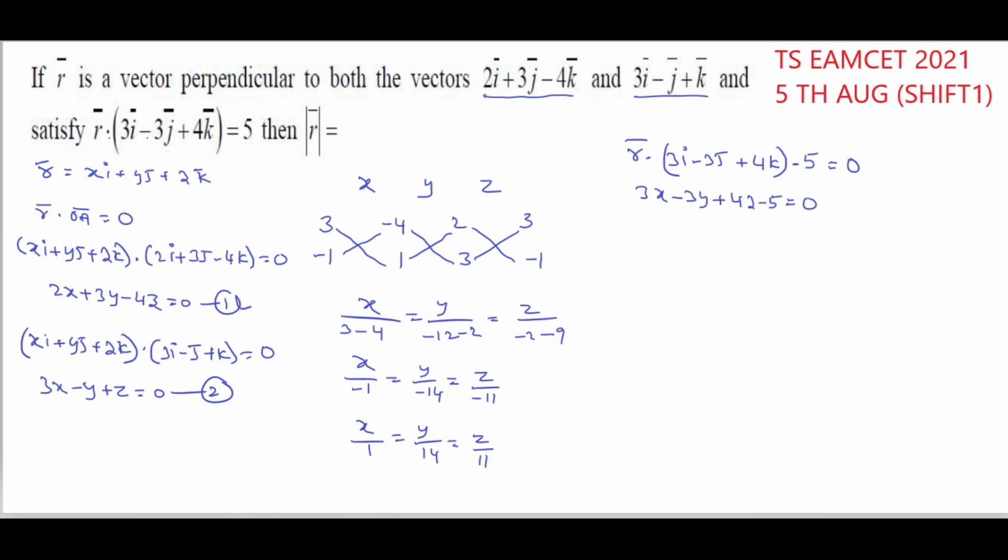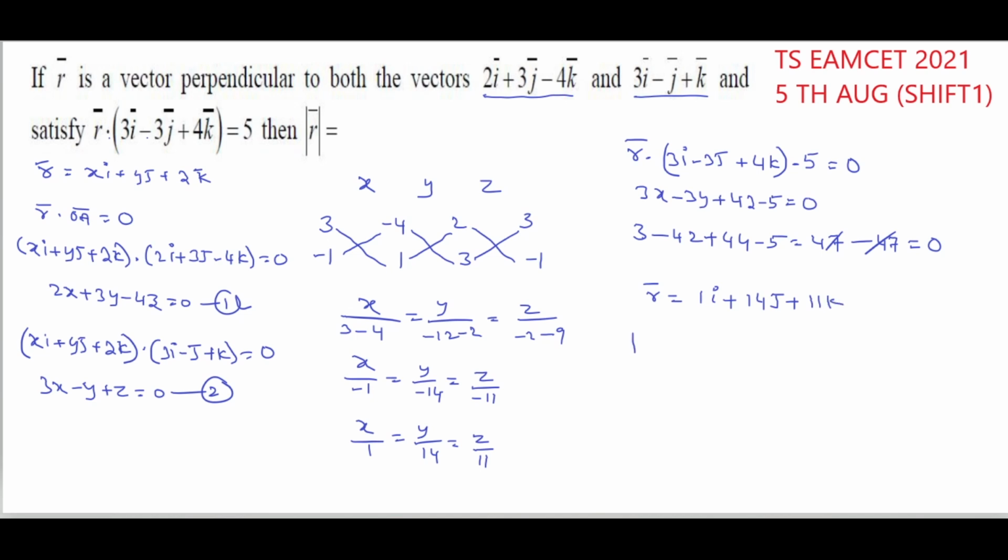Substituting x, y, z values, that is 3 into 1, 3, minus 3 into 14, that is 42, plus 4 into 11, 44, minus 5. Here 3 plus 44, 47, minus 42, minus 5, that is minus 47, this cancels, that is equal to 0. So these values satisfy r bar. Therefore r bar is equal to 1 into i plus 14j plus 11k.